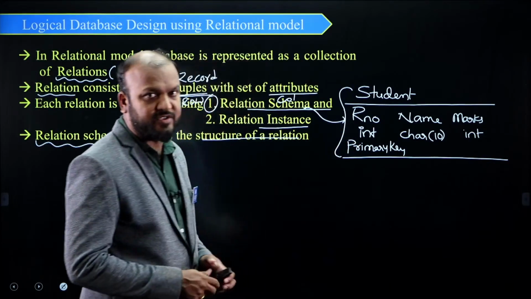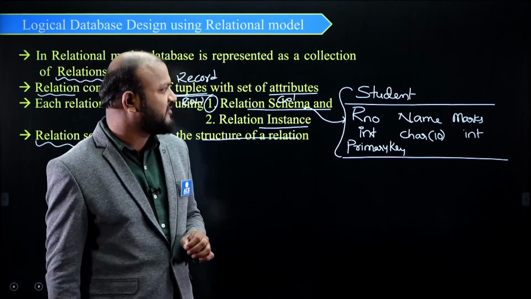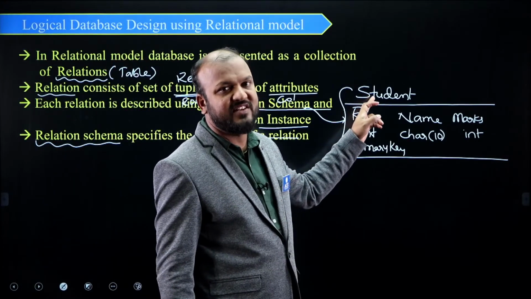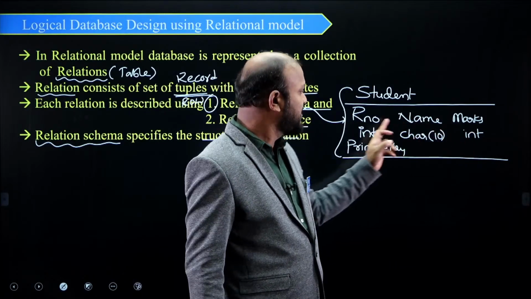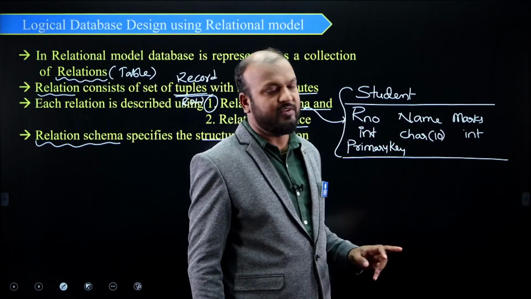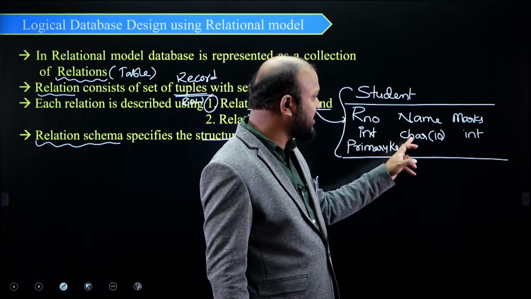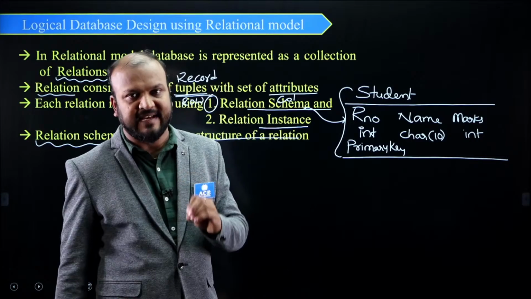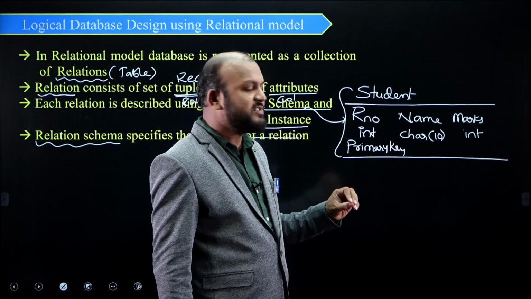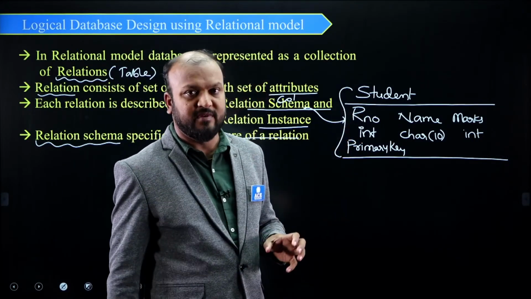Schema means structure. Now what is the schema specifying? The schema specifies the name of the relation, the attributes in the relation, and the domain of each attribute. So this int, char of 10, int is called the domain. Domain specifies the range of values. What range of values is allowed in a particular attribute of a table is called the domain.